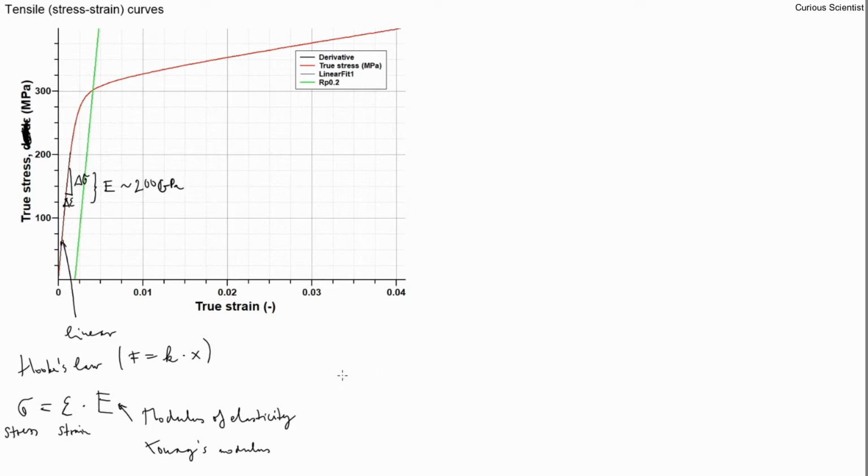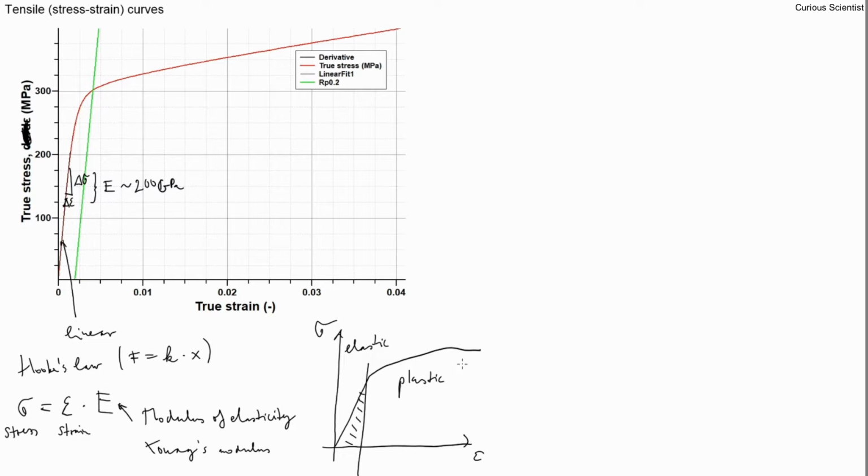But first, we have our curve. Just to simplify everything, we have this, and then it starts to deflect. So as you can see, this part is elastic, and then this is plastic deformation. What it means: elastic is reversible, and plastic is irreversible.